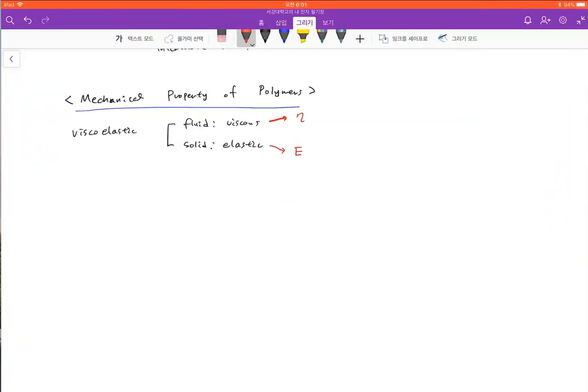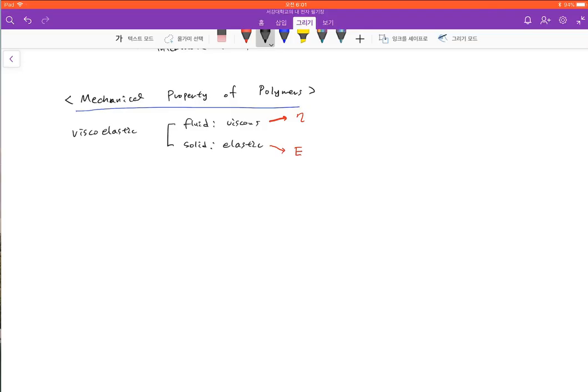So all of them are quite interesting behaviors, which are only shown for polymers or any materials with viscoelastic characteristics.